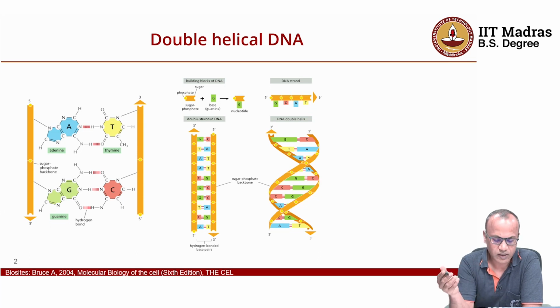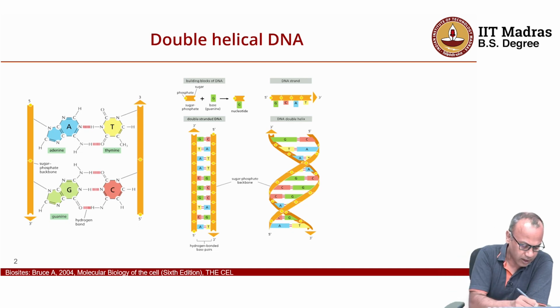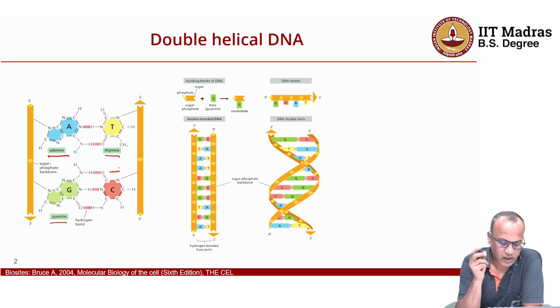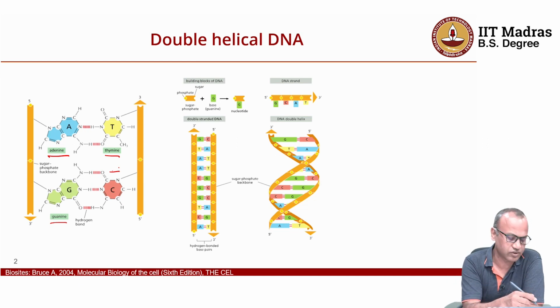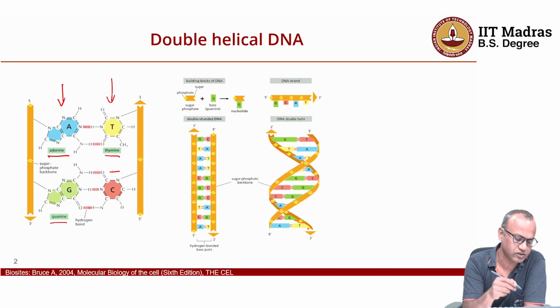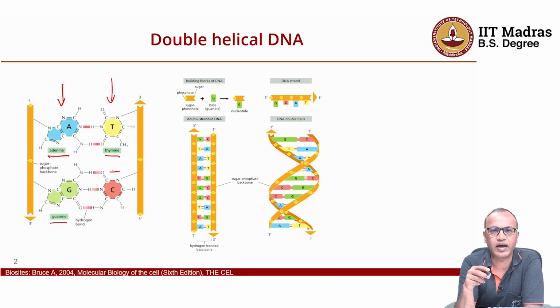So just to recap, deoxyribonucleic acid, which is the genetic, hereditary material, consists of 4 letters: adenine, thymine, guanine, and cytosine. DNA is in a double helix form, which has a sugar phosphate backbone, and the two strands of DNA are complementary to each other, so once you know the sequence of one strand, you can figure out the sequence of the second strand, and they run in anti-parallel directions.